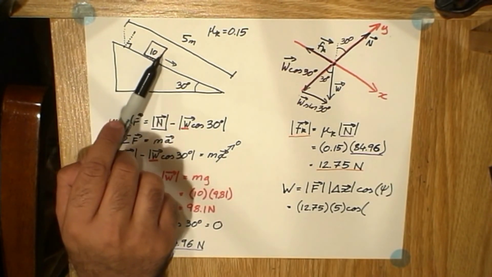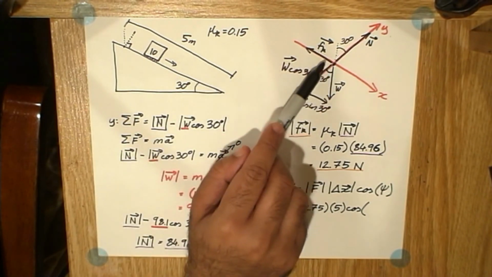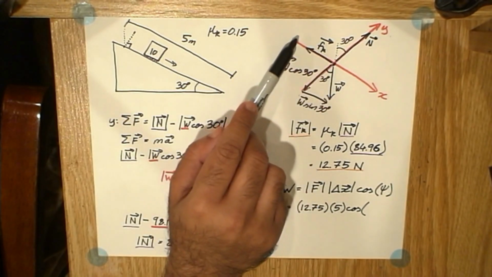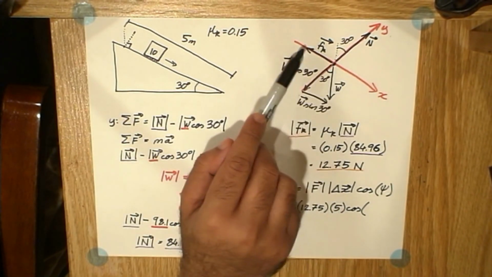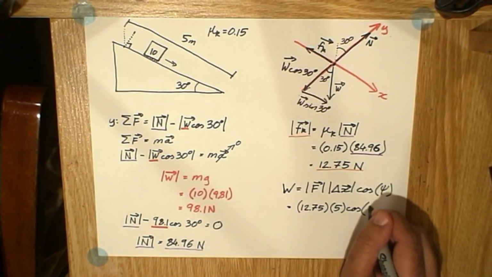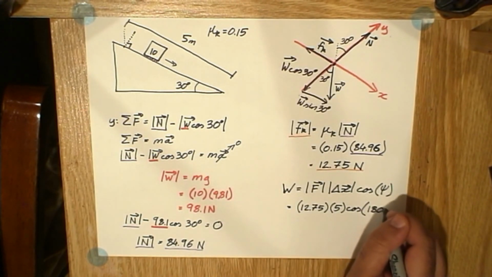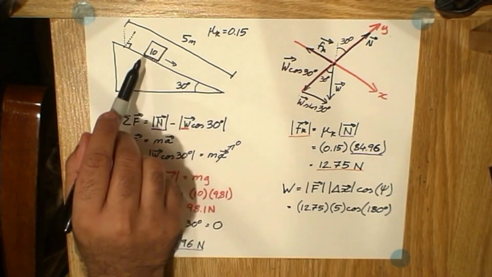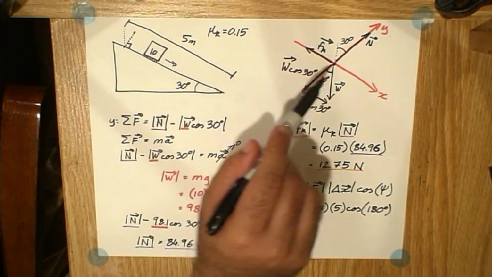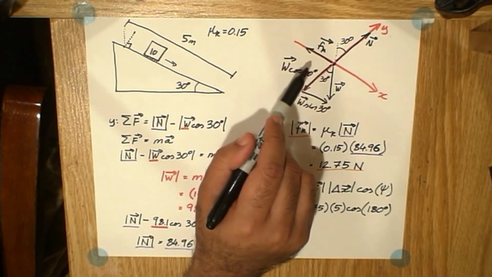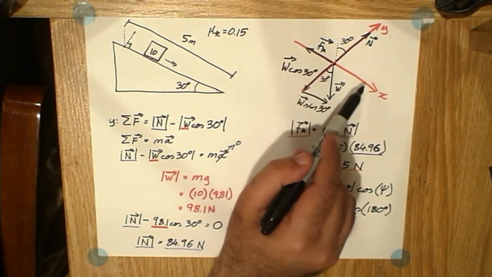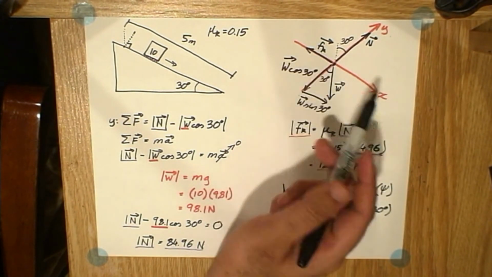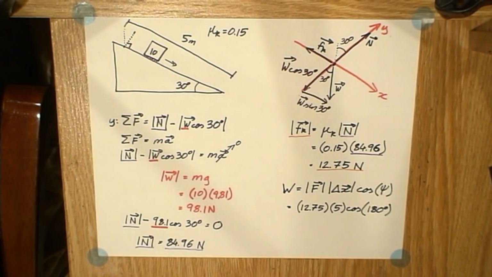The displacement is down the ramp, but the force of friction points up the ramp. So that means that these two forces are 180 degrees apart from each other. Whenever you have two forces pointed in opposite directions, that means that the angle between them is 180. If they pointed in the same direction, it would be 0, but if they point in opposite directions, it's 180.